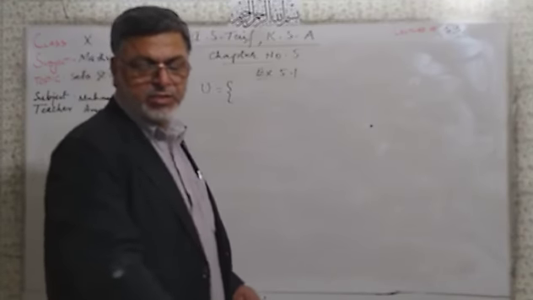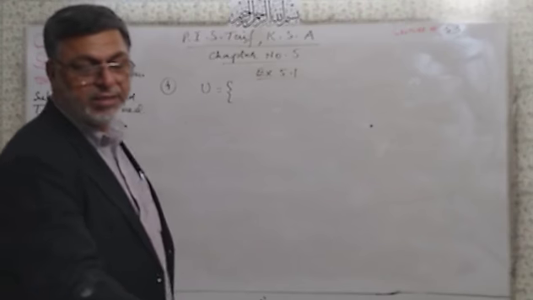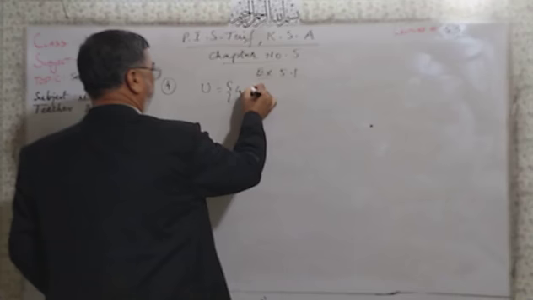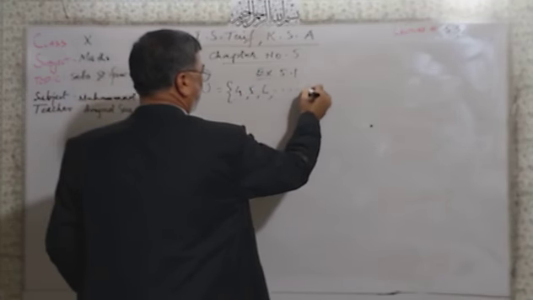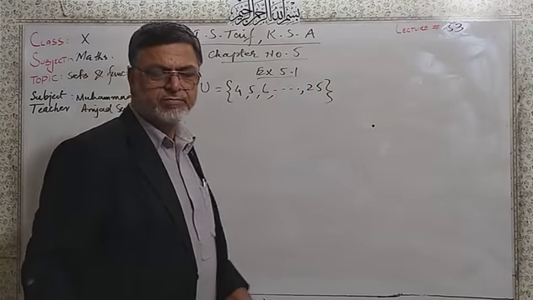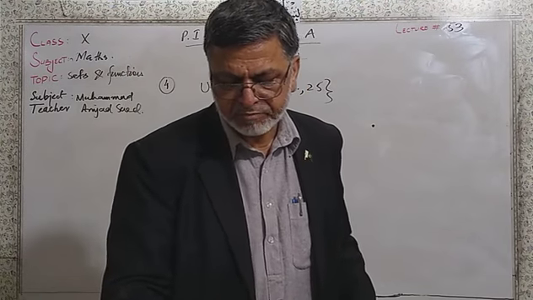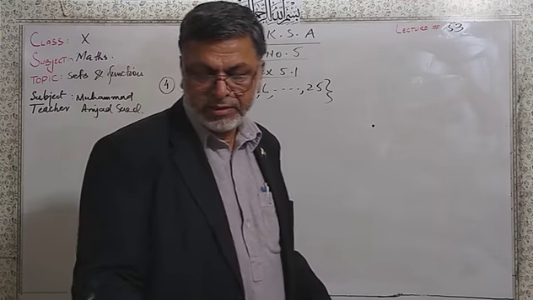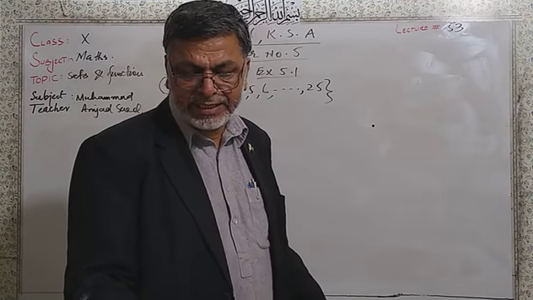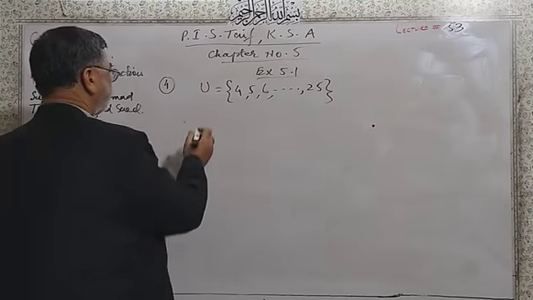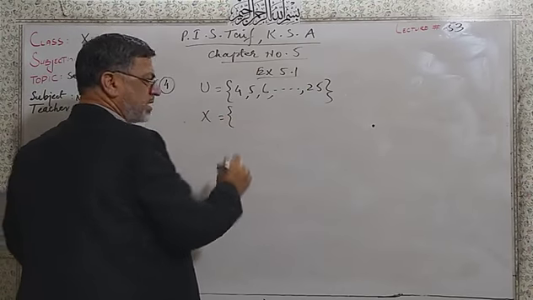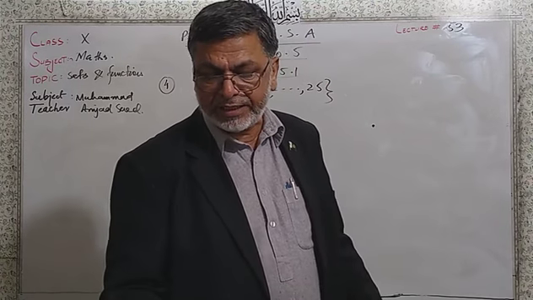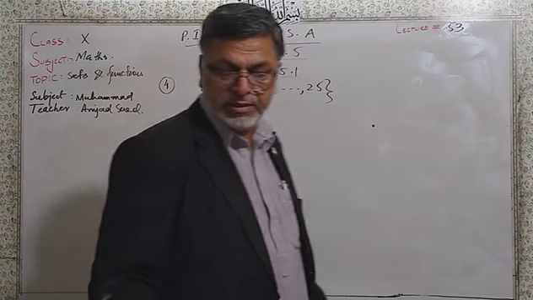X such that x belongs to N and x is greater than 3 means 4, 5, 6 up to 25. Next, x such that x is a prime number and x is greater than 8 and less than 25. Dear students, you can check your sets from the book. I am directly writing down their tabular form.